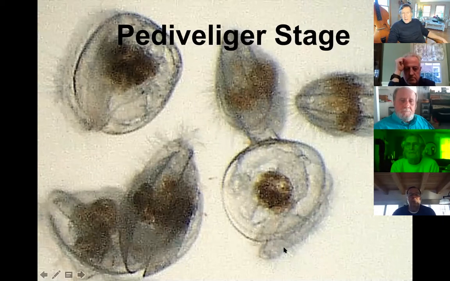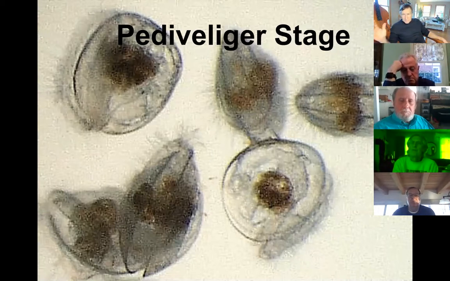So a clam and a scallop take about 7 to 10 days to go from a trochophore to a petaveliger. An oyster takes about 14 days. That's in the laboratory. In nature, add a week to all of those. And the reason why is because we elevate the temperature and we give them really good food.